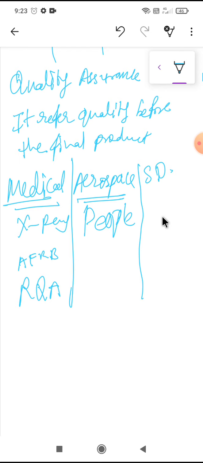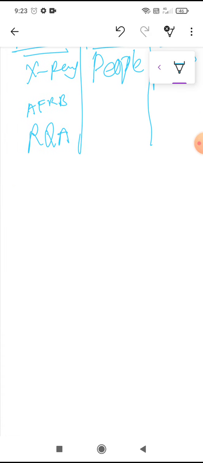This is also so that the software doesn't break down during the supply chain or during any processes, which can lead to many problems during working. As you know, software is used nowadays in each and every field, whether medical, aerospace, or others. So it is also a very important aspect. So this was everything related to quality assurance.